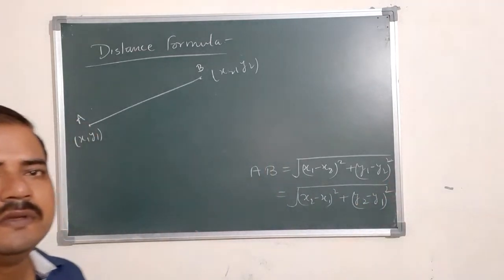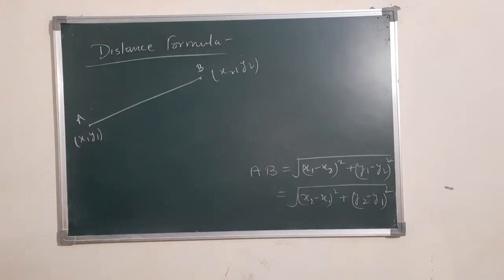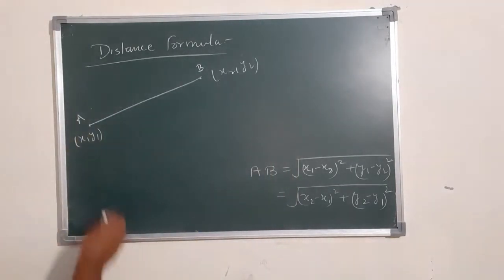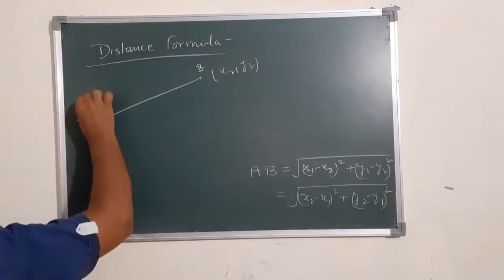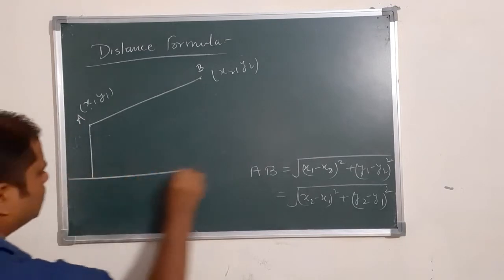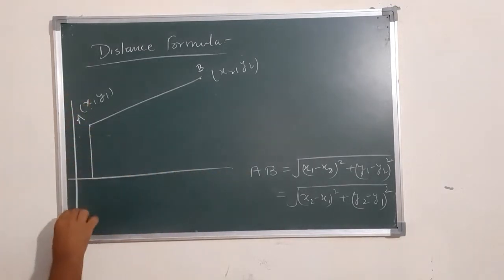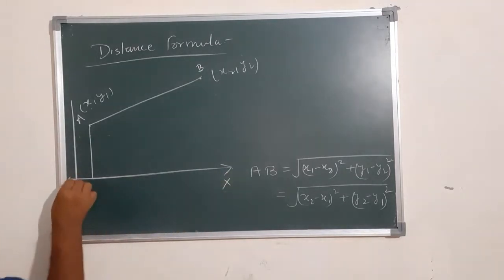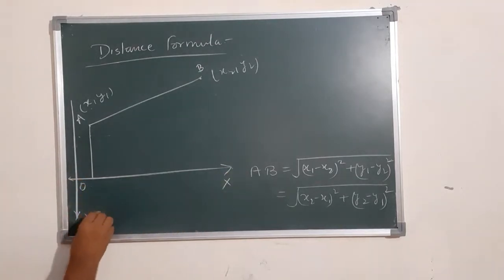Okay. So let us prove it. How will we get this formula? So please see, this is (x1, y1) and suppose this is your origin, this is x, that side x axis, y dash, and this is y.